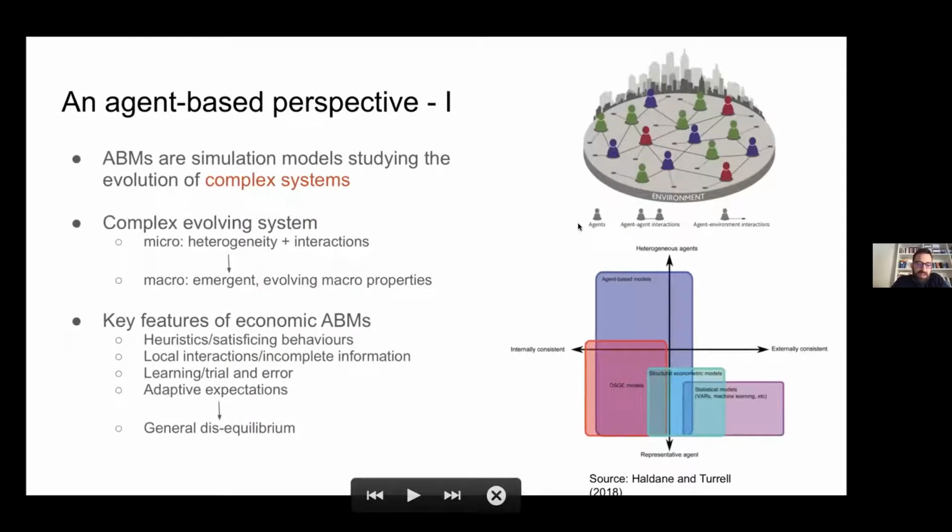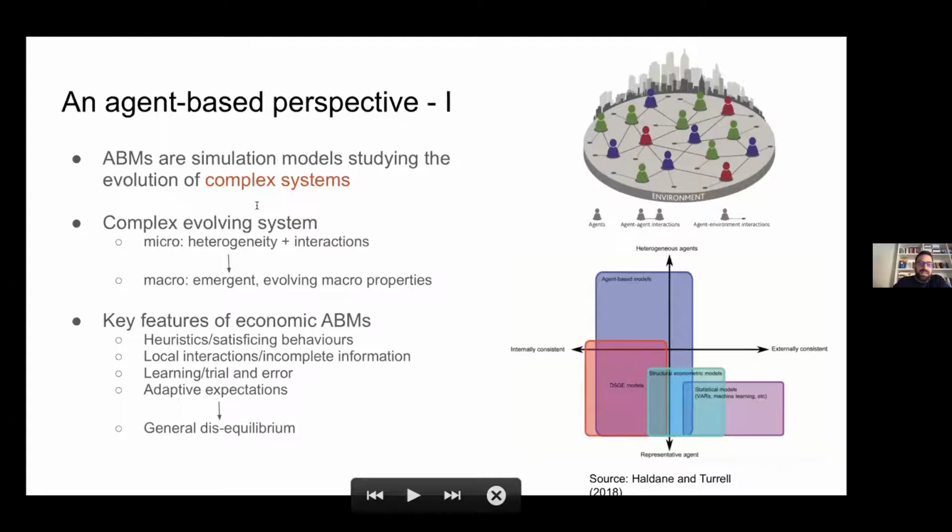Let me briefly, in just 2 slides, introduce you to the kind of model that I'm using in order to conduct this analysis. So I'm using an agent-based model. An agent-based model is just a computer program which simulates the dynamic evolution of a relationship among ecologies of agents. So for example, we will have a distribution of consumers, a distribution of firms, of banks, of energy plants. And these agents interact non-trivially, meaning they do not just interact through markets.